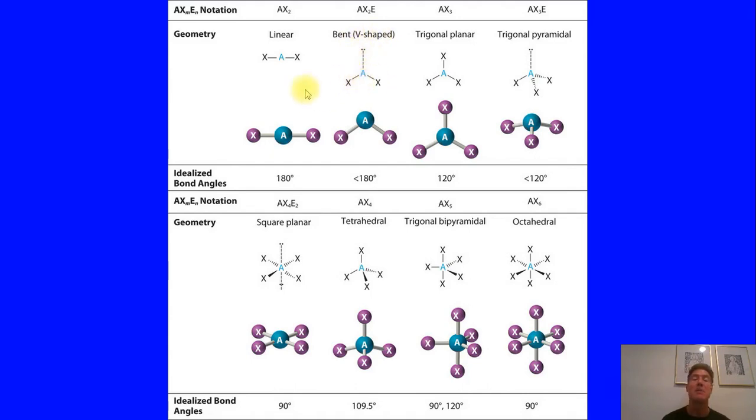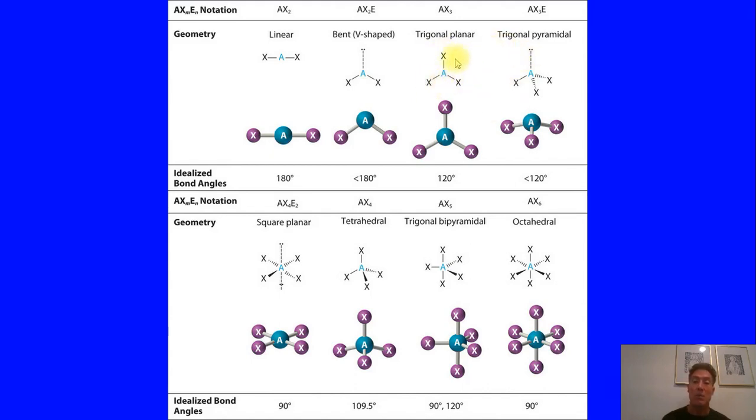So we're going to distinguish between what's known as the electron geometry, which is going to take into account all the electrons, including the non-bonding pairs, and what we call atomic or molecular geometry, which is just going to look at the arrangement of the atoms in the molecule. So in this case, since you have 3 atoms around a central atom, this will be trigonal planar.